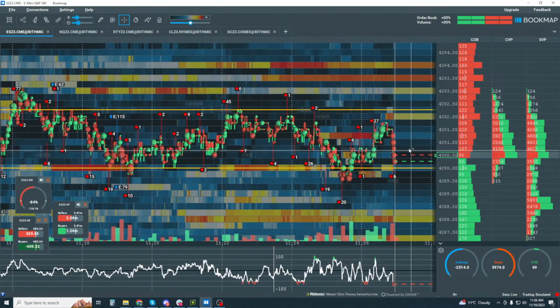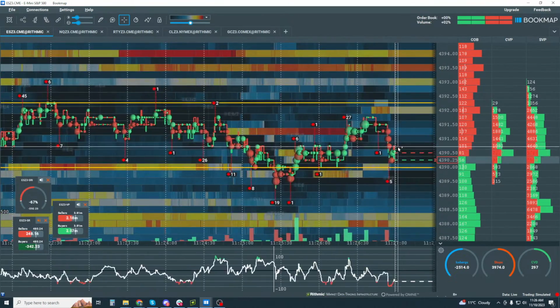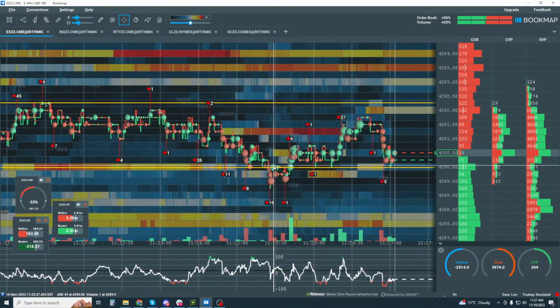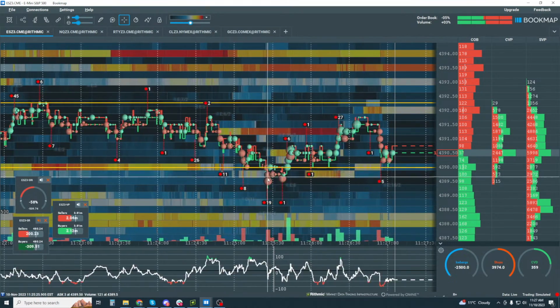Okay, no, can't do it. Sellers just come in and hit the bid hard. Still possible though, still possible. The trap is still possible here.